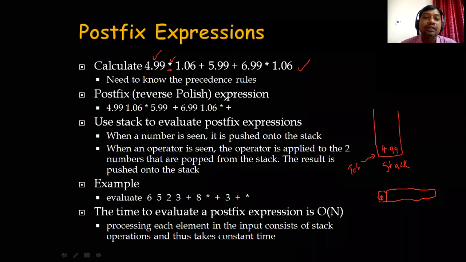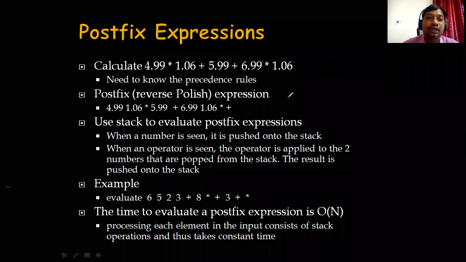Next we have 1.06. Push 1.06 onto the stack.